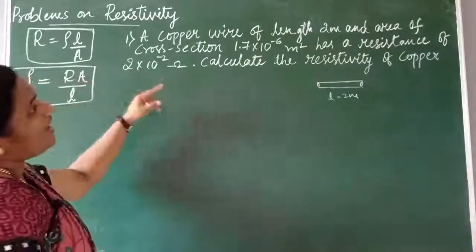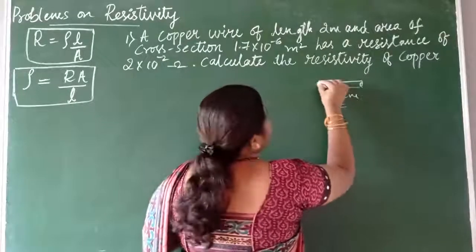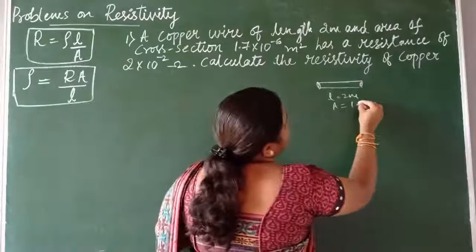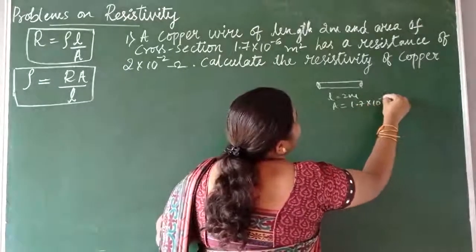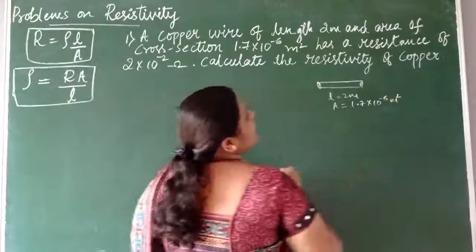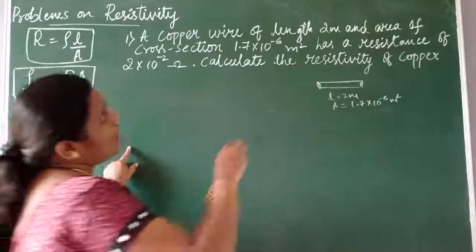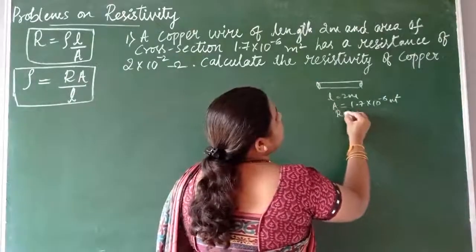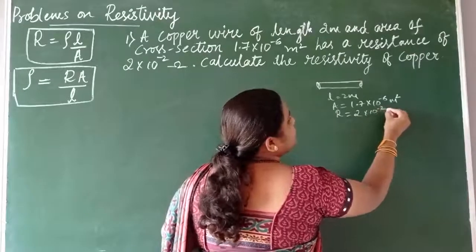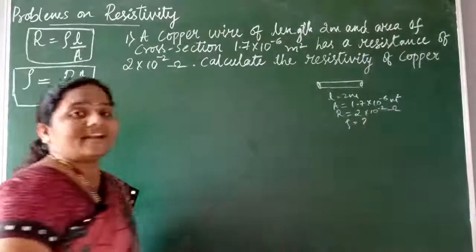And it has an area of cross section how much? A is equal to 1.7 into 10 to the power of minus 6. The unit of area, children? Meter square or square meter, you can say. Now resistance is how much? R is equal to 2 into 10 to the power of minus 2 ohms. And resistivity is what we need to calculate.